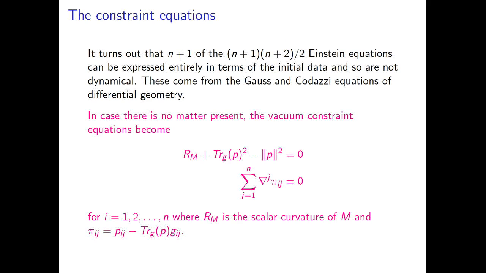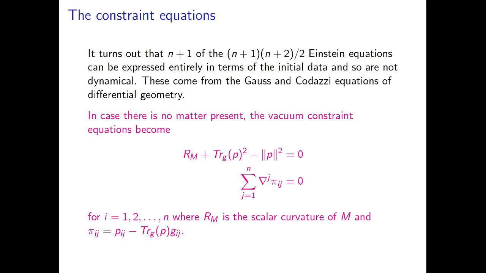Okay, and so a kind of unique feature of the Einstein equations, which is related to the fact that they're geometric, is that of the system of equations, there are n plus 1, n plus 2 over 2 equations. Some of them, namely n plus 1, so in 3 dimensions, 4 of the 10 Einstein equations are actually not dynamical. They're conditions that can be written entirely in terms of initial data.